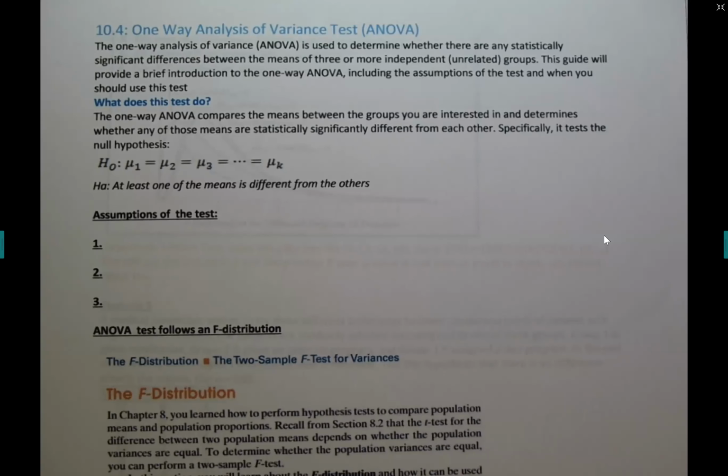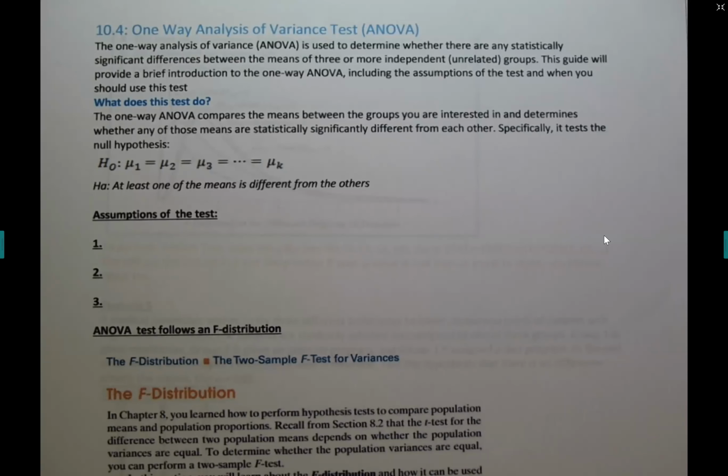It's an F distribution, which I'm going to show you how it looks, but we're just going to use technology. It's going to be 100% driven by technology. And the test that we're going to perform is called the one-way analysis of variance test.